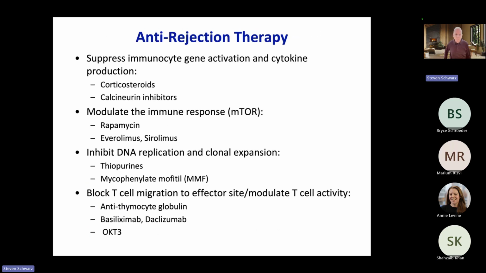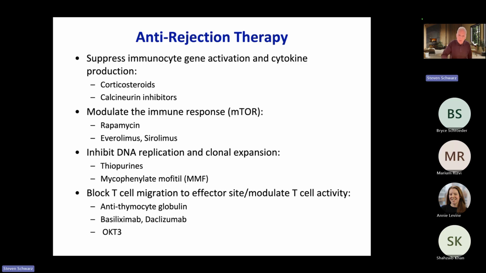The anti-rejection therapy can suppress immunocyte gene activation and cytokine production. Again, that's the most common range of therapies and includes the corticosteroids and the calcineurin inhibitors. They can directly modulate the immune response through inhibition of the mammalian target of rapamycin.